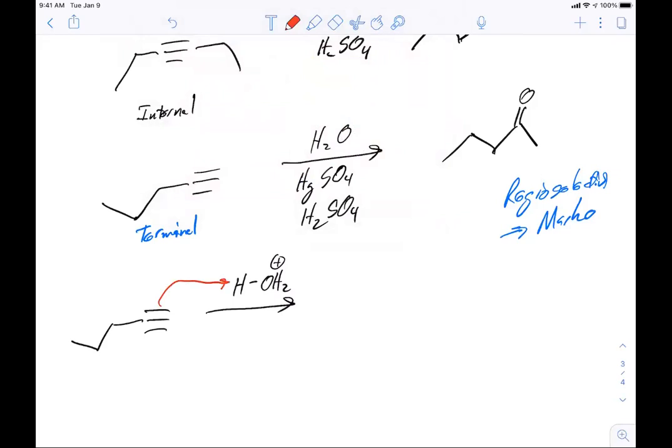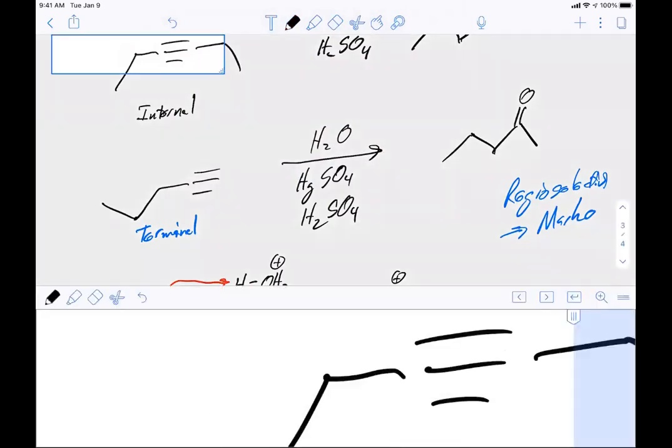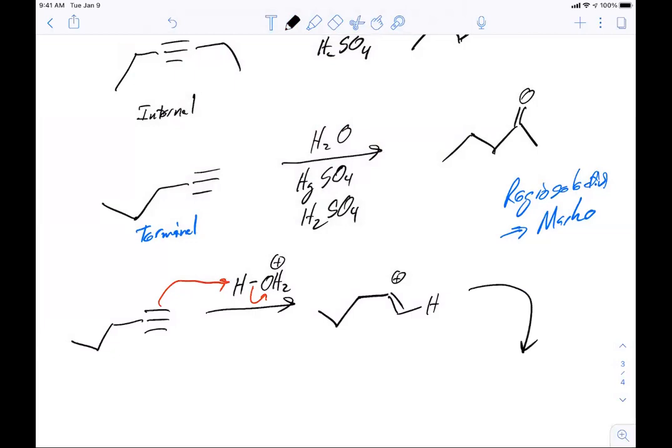So the pi bond reacts with the electrophile, water leaves. We get our electrophile at the more stable position, which is the secondary position. Then water comes in and reacts with that.